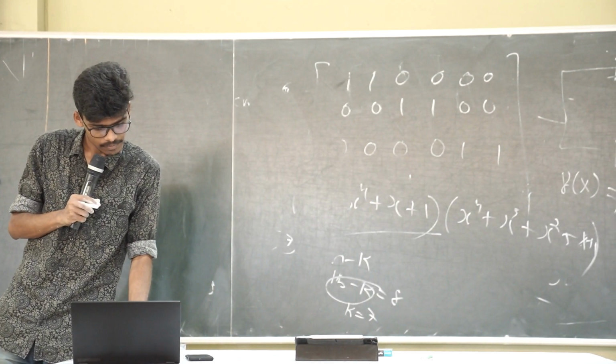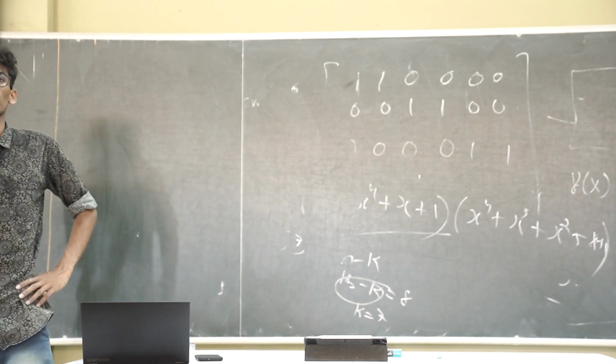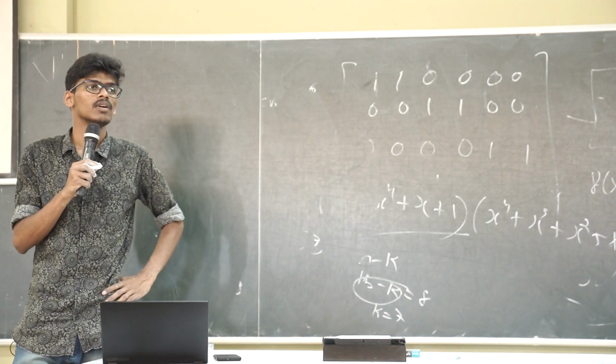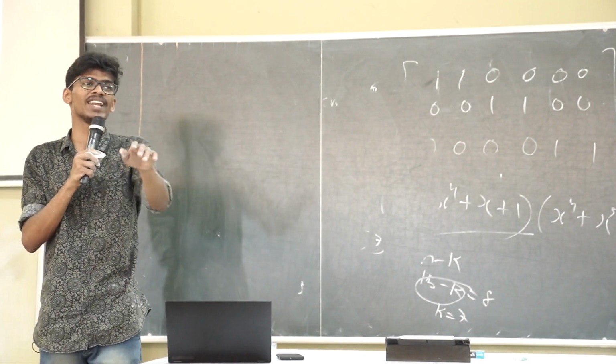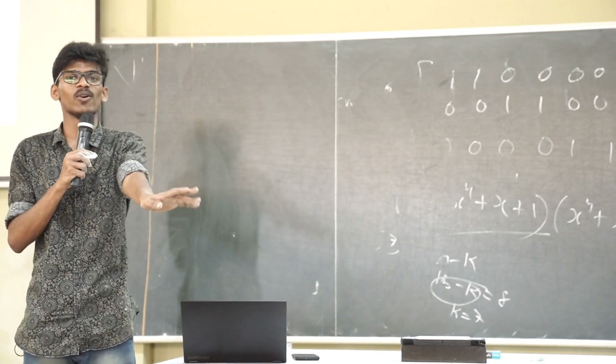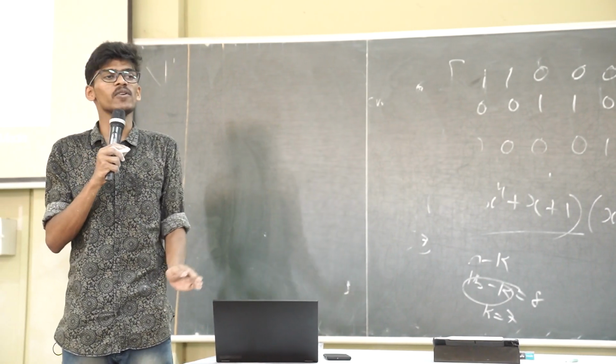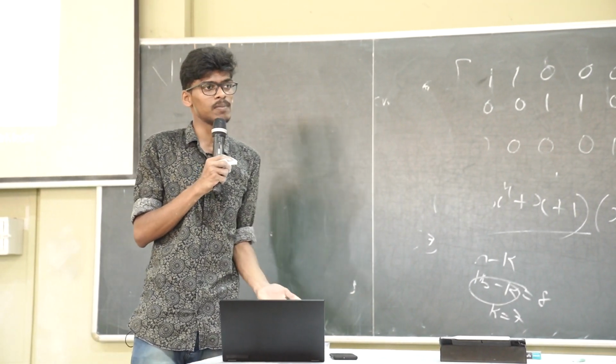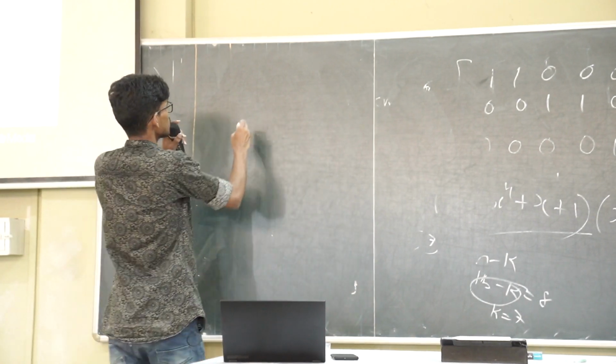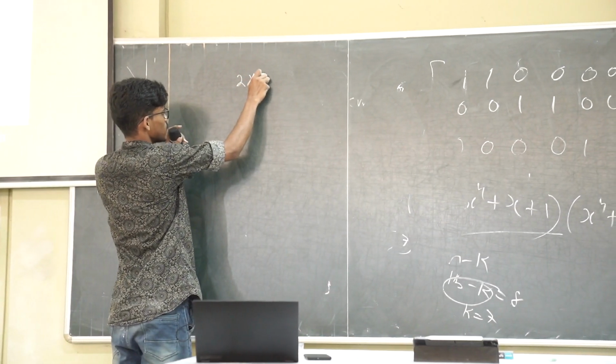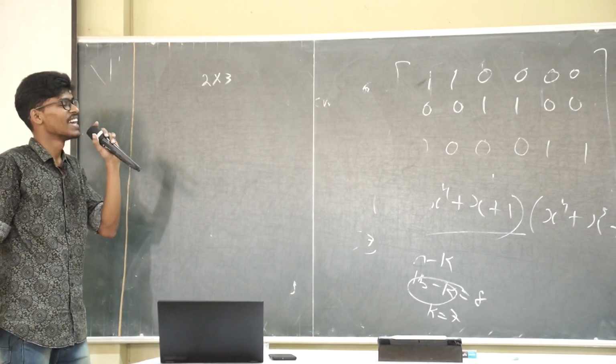Hey, what happened? How many rows? 2 rows, 3 columns.